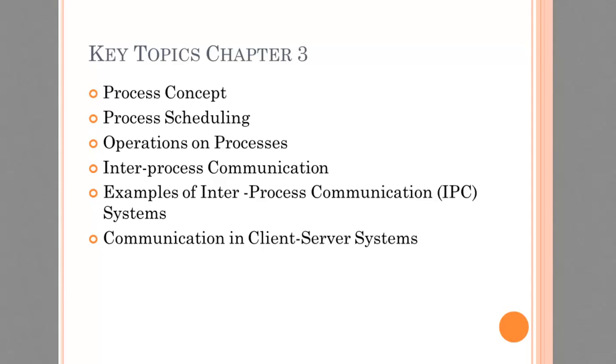There are examples, and we talked about client server, and then many of you mentioned that you are already taking a class now on networking, so you have some understanding of client server technologies.